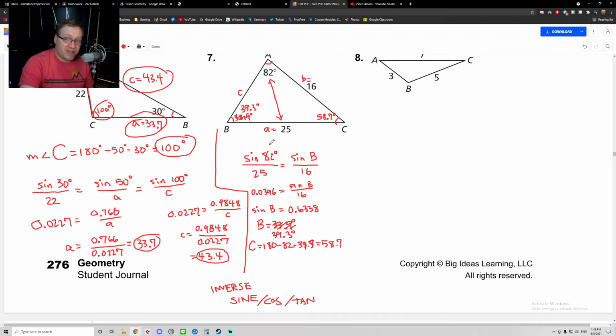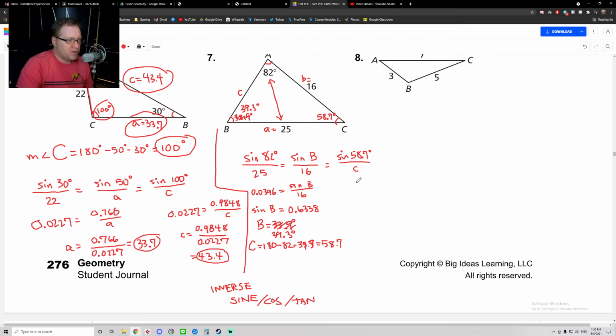To find C, we can use the law of sines again. We already know that the sine of 82 degrees divided by 25 equals 0.0396, and that's also going to equal the sine of the angle C, which is 58.7 degrees, divided by side C, the length.